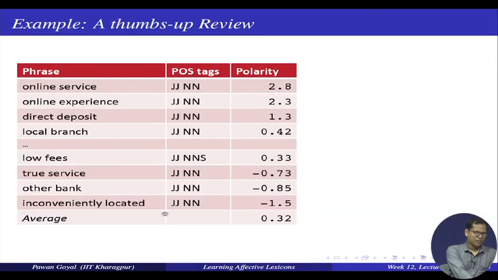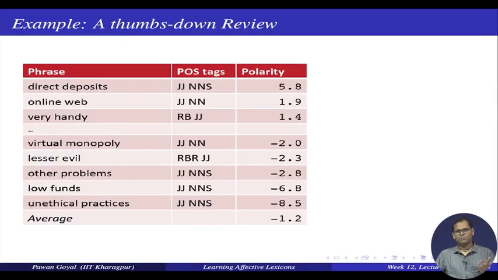You can see there were some negative examples also, like low funds service was probably not negative, but inconveniently located was negative, and they got a minus 1.5. So they got some positive and negative examples even in thumbs up reviews, but the average that they obtained was positive 0.32. Similarly, they did it for the thumbs down reviews from the product site.